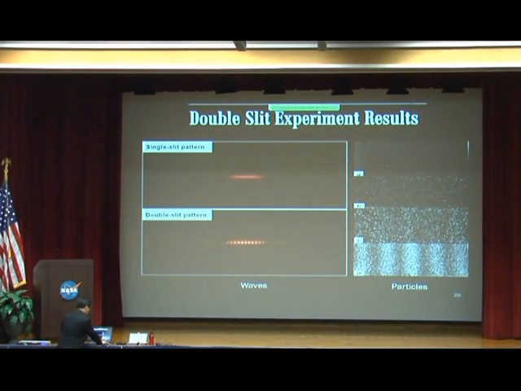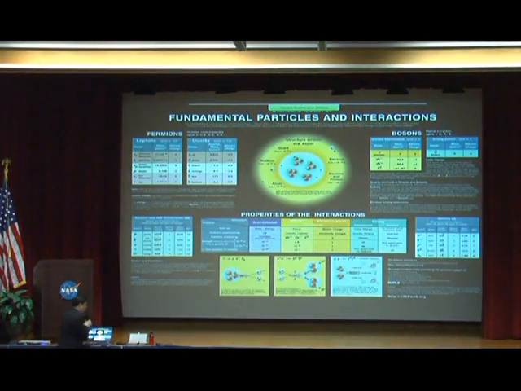This is the double slit experiment result. So what I'm trying to say here is that after 100 years of work on quantum mechanics, we are in the introduction to quantum mechanics. What quantum mechanics has achieved is the standard particle and interaction model table. This table is equivalent to a periodic table, summarizing all the quantum particles.